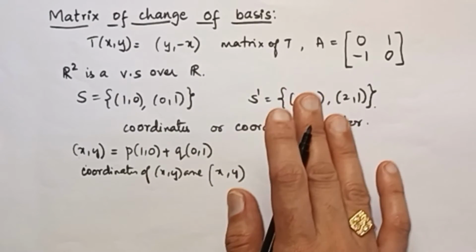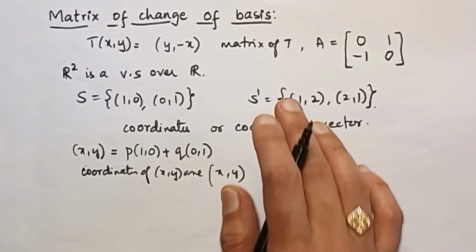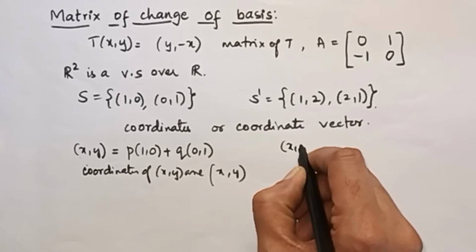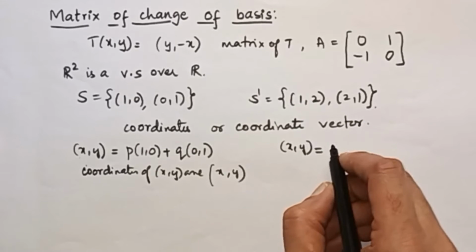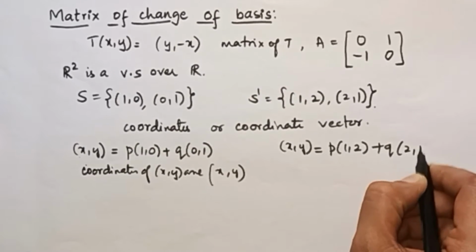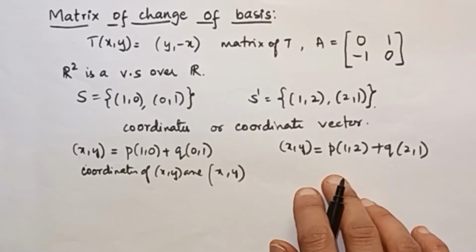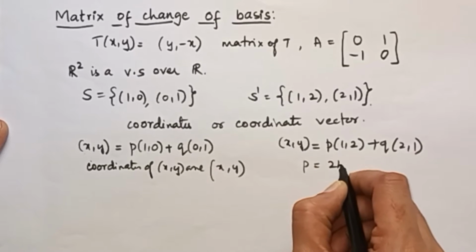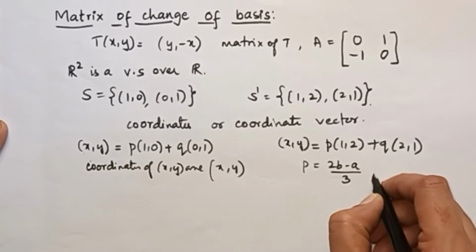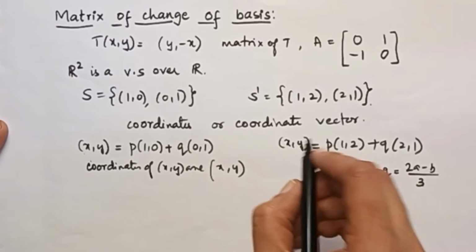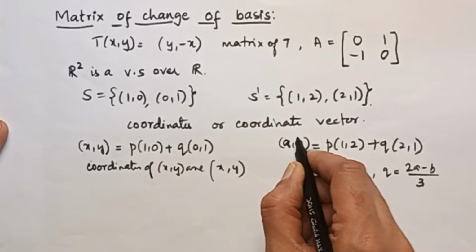Suppose you have chosen the basis S dash. Then for the coordinates of (x, y), take any vector (x, y); it should be written as a linear combination of (1, 2) and (2, 1). Then you have to solve this system. After solving this, you will get p equal to (2b minus a) by 3 and q equal to (2a minus b) by 3, if you have taken the vector as (a, b).